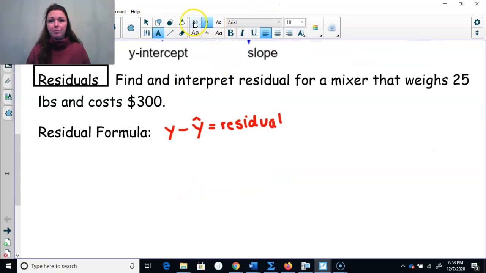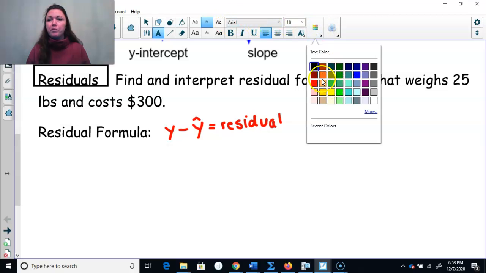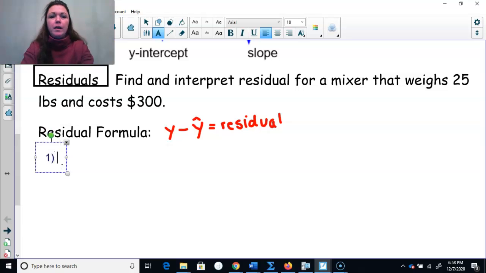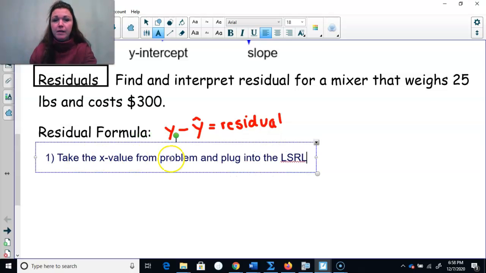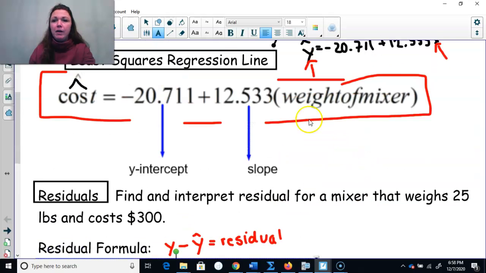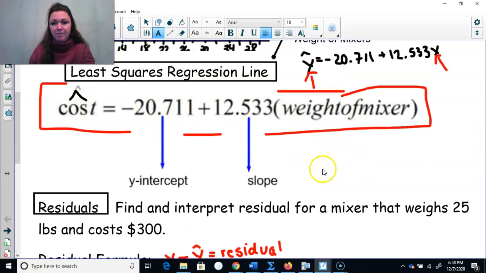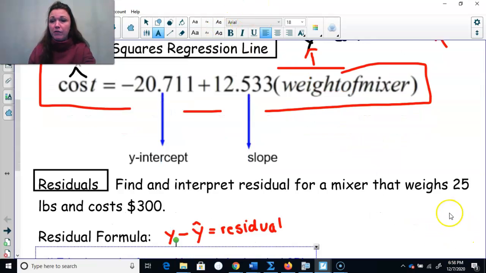Step one. Take the x value from the problem and plug into the least squares regression line, okay? So where is that? Well, we have our least squares regression line right here. And in the problem, our weight of our mixer, our x value is 25 pounds.